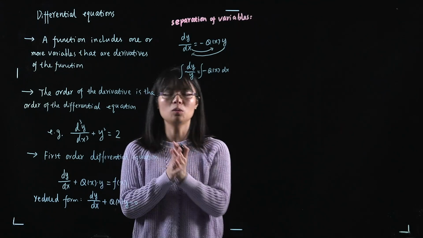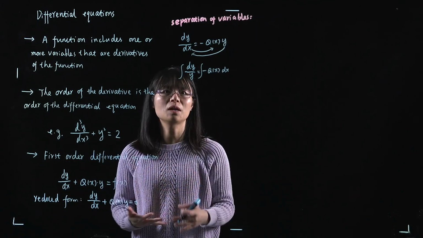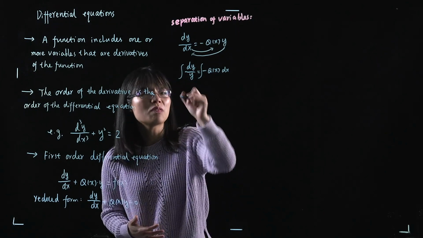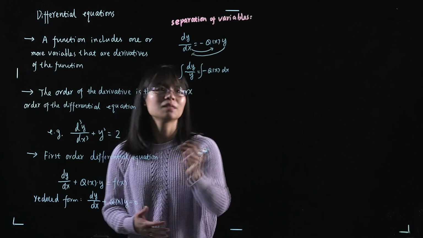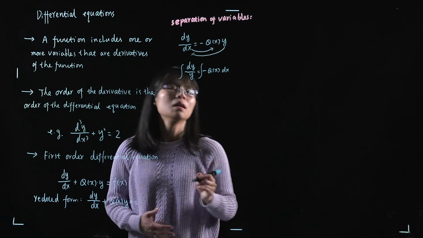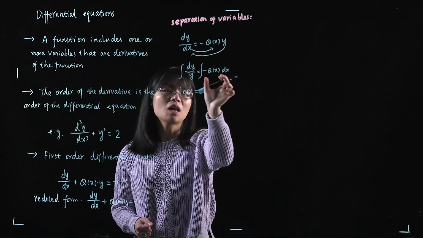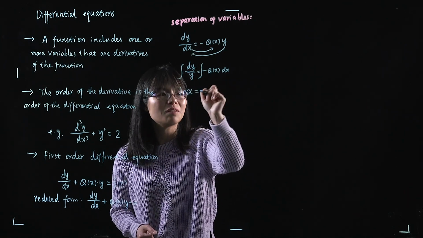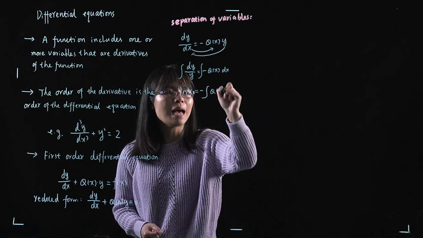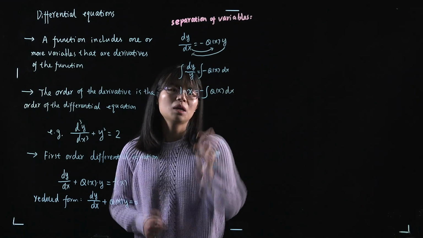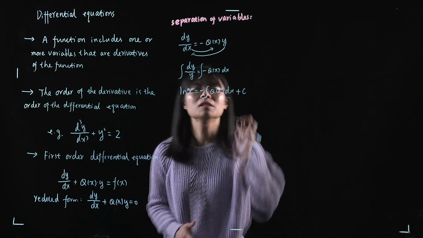If you forget how to do integral, you can go back to phase 2 and review the relevant concepts. On the left-hand side, if we do the integral, we get log y. How about the other side? Because we do not know the explicit form of q of x yet, we just leave it as it is: negative integral of q of x dx. Because this is an indefinite integral, do not forget to include the constant c.